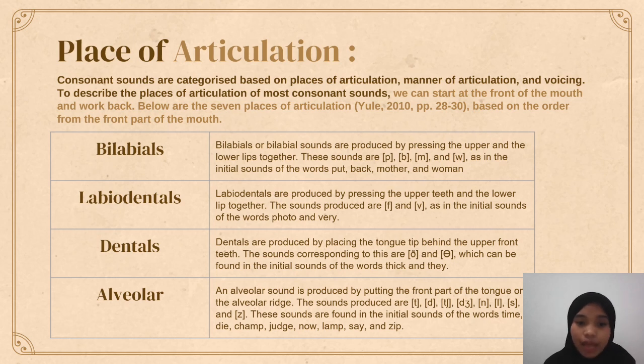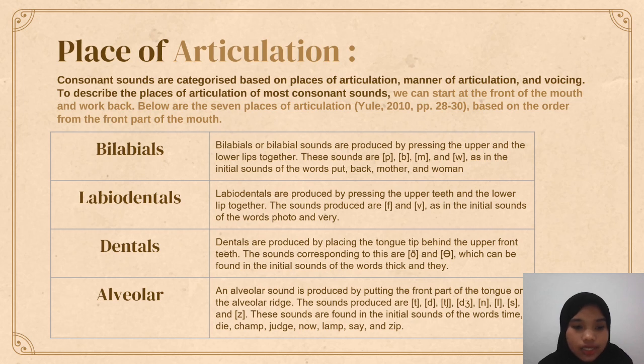The first is bilabials. Bilabial sounds are produced by pressing the upper and the lower lips together. The sounds are P, B, M, and W, as in the initial sound of the words put, bag, mother, and woman.